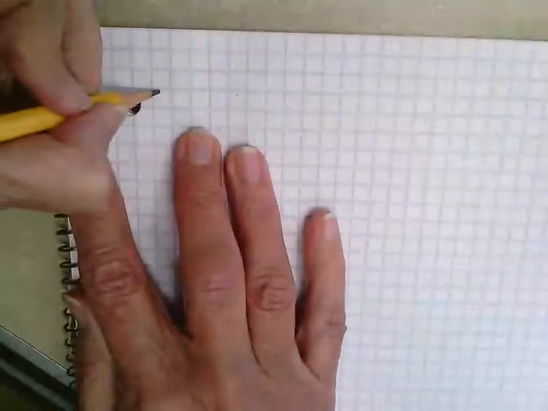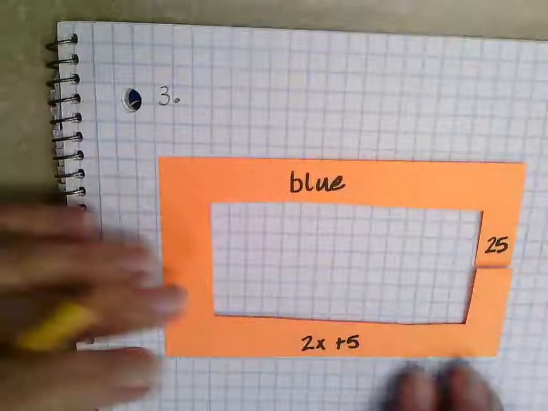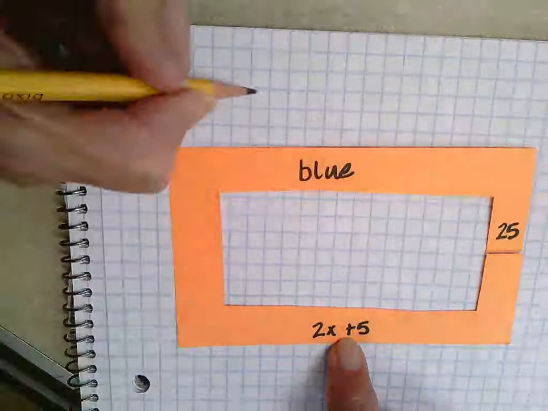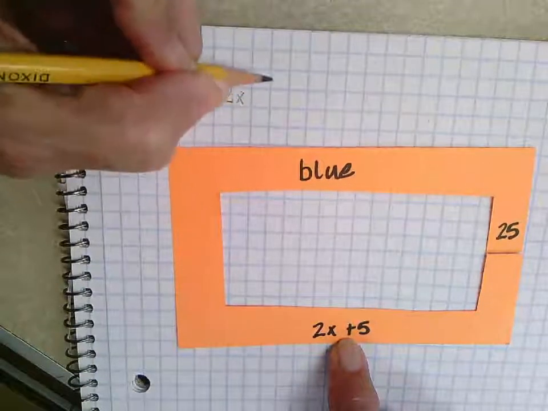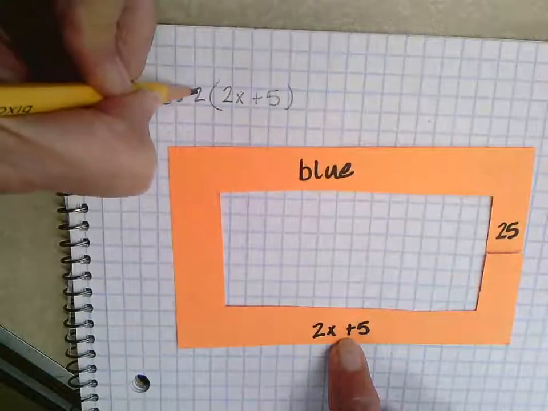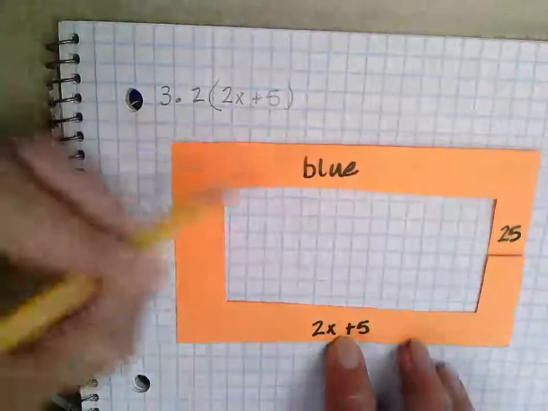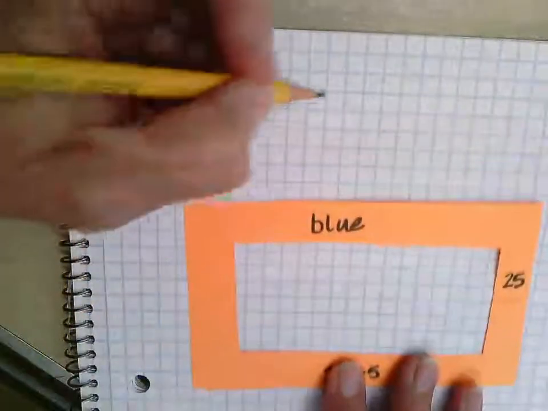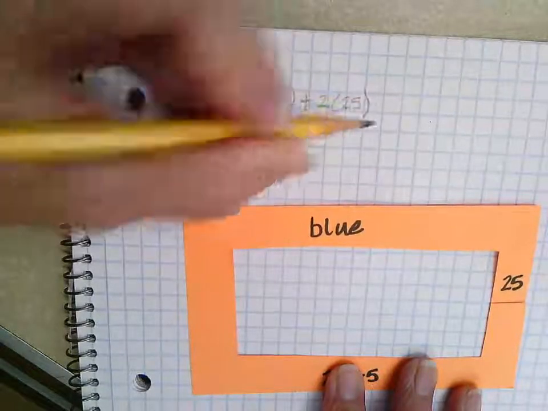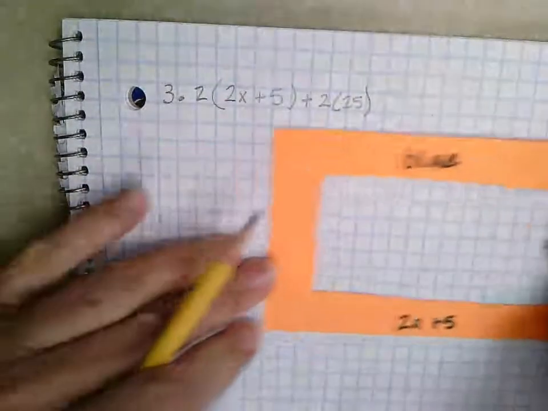So for number 3, I'm simply going to use these 2x plus 5 and 2x plus 5. Now because I'm doing that 2 times, I can write that as 2 times 2x plus 5. That's these two side lengths. And then 25 plus 25, or 2 times 25. And that will take care of the distance around the blue area.